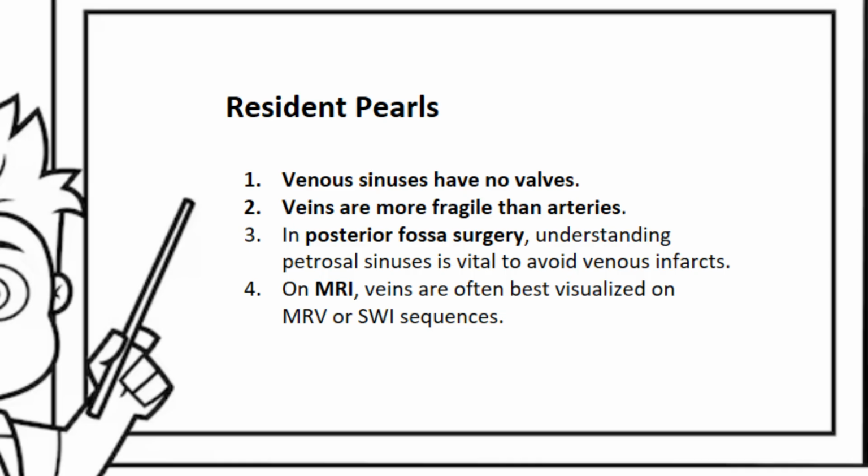Veins are more fragile than arteries, especially during retraction or head trauma. 3. In posterior fossa surgery, understanding petrosal sinuses is vital to avoid venous infarct. And 4. On MRI, veins are often best visualized on MRVs, that is magnetic resonance venography, or SWI sequences, that is susceptibility weighted imaging.